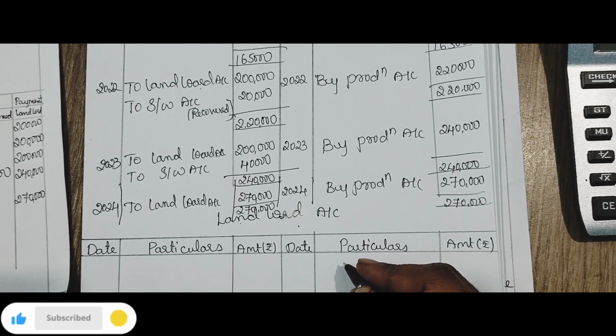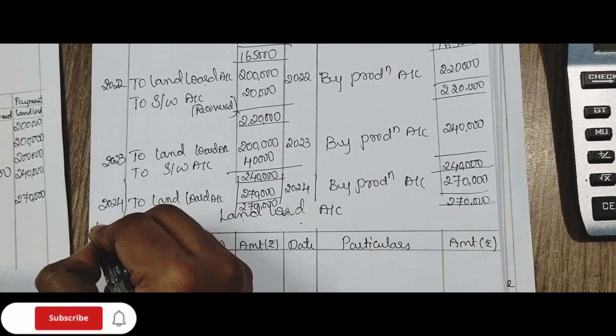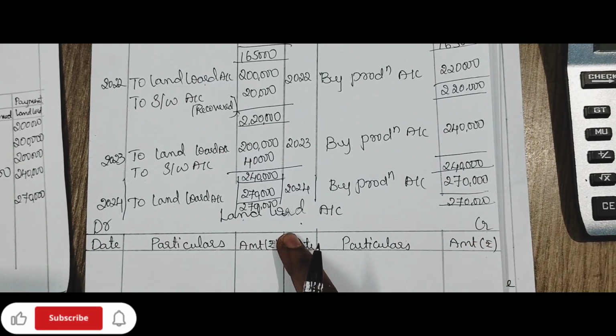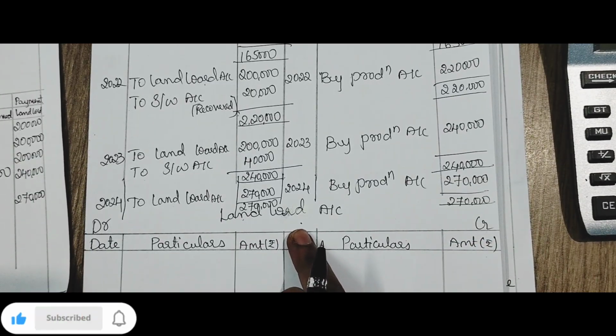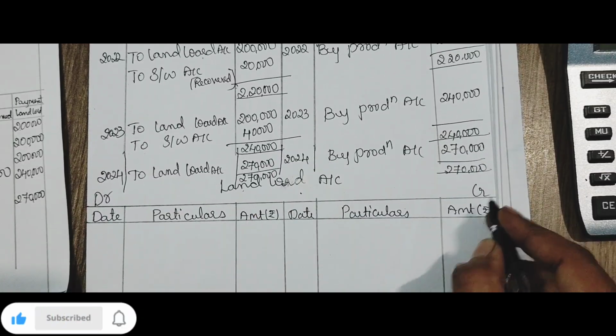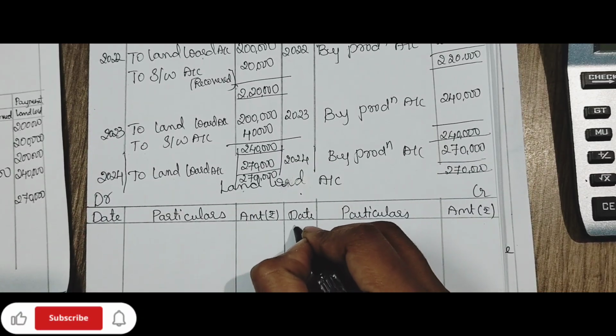Royalty account debtor, short working account debtor to landlord account. So here in the ledger landlord account, you are crediting the royalty account.